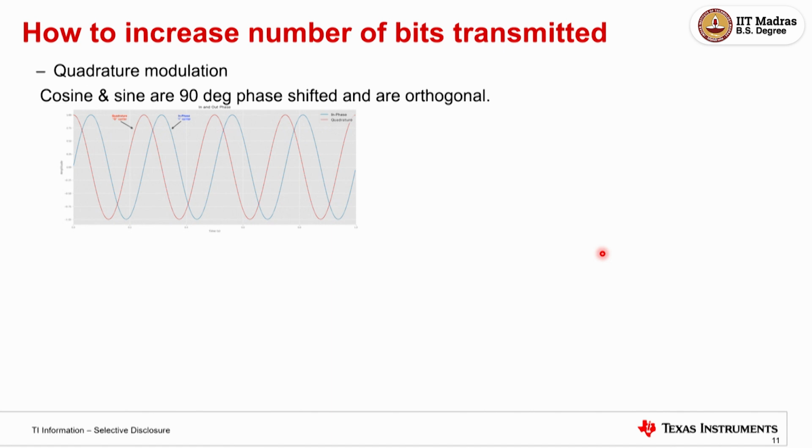Whenever one is going to 0, the other is going up, and when one is going to 1, the other is going to 0. It's sort of orthogonal. If you have something which is orthogonal, they don't interact with each other, and you can uniquely decode what these two pieces of information are.